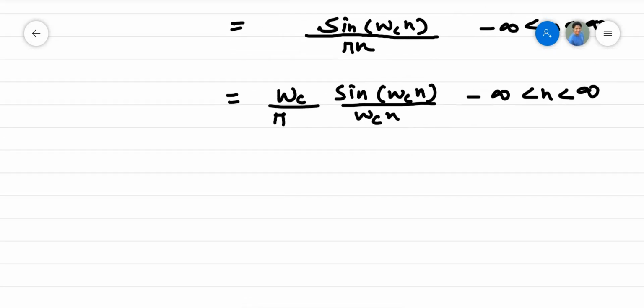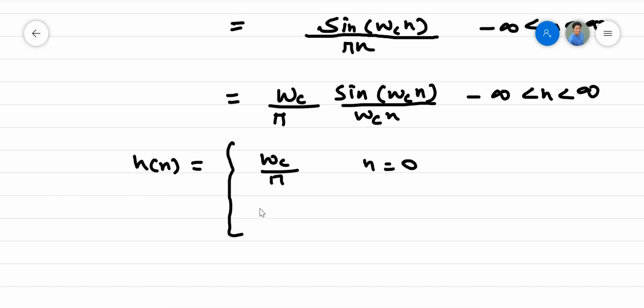Then one can say that h[n] is defined as omega c by pi for n equals 0, and omega c by pi times sine omega c n by omega c n for all other n.